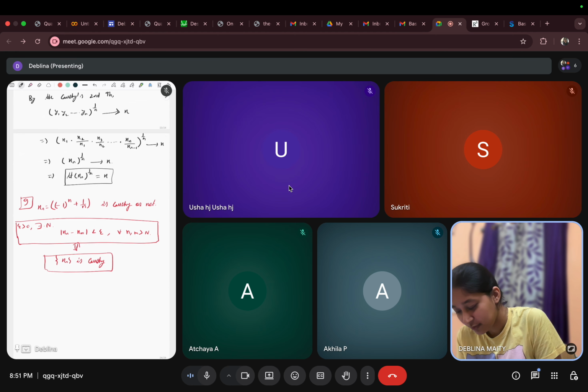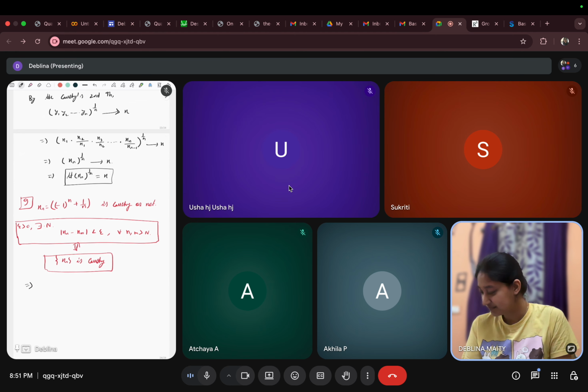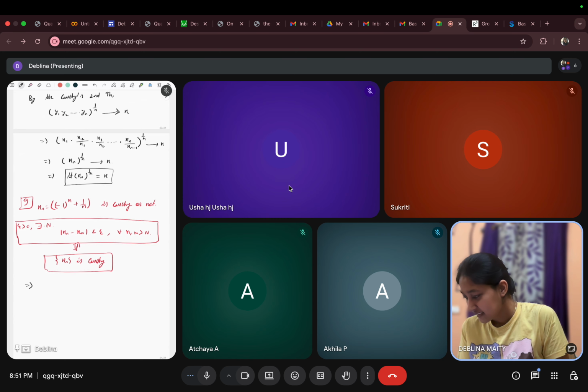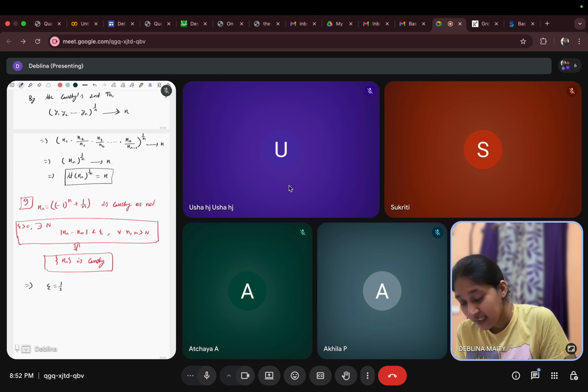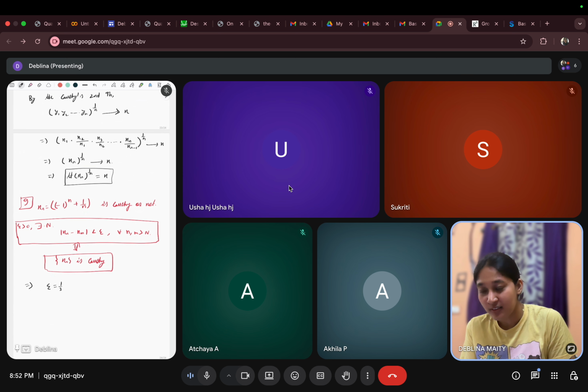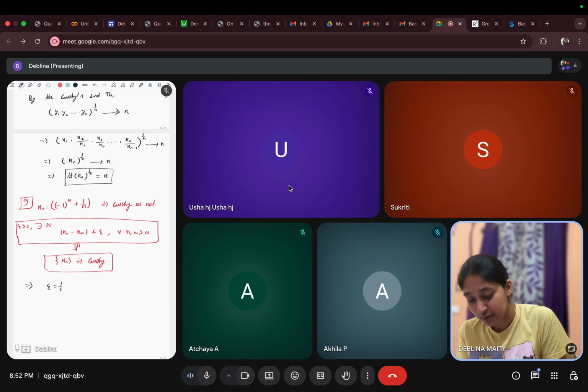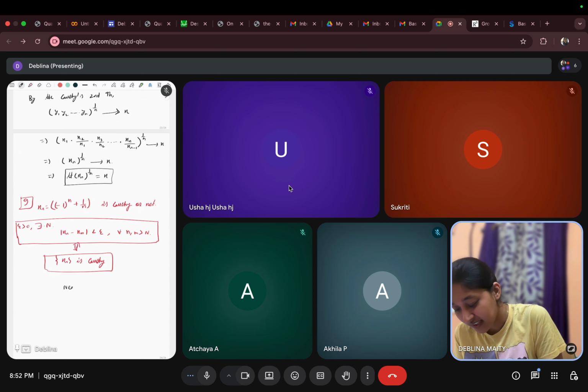Okay, if you are not answering, then take epsilon to be... this is not going to be Cauchy. So you have to find an epsilon. So what is the negation? If it is Cauchy, then this is true, right? What is the negation of Cauchy?